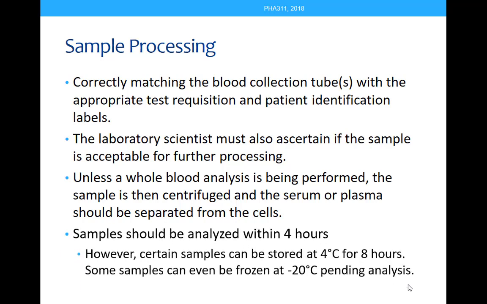If you are not going to analyze the sample immediately, you can store certain samples at 4 degrees up to 8 hours, or there are some samples which can even be frozen at minus 20 degrees and analyzed later. It will depend upon which test you are going to perform.